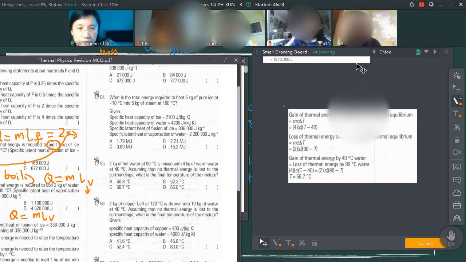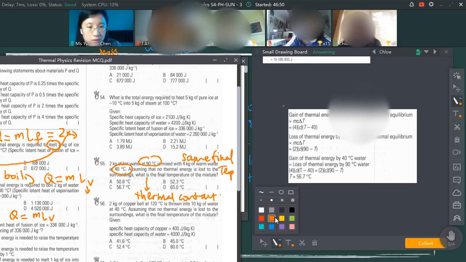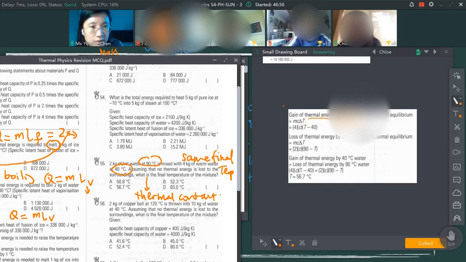Basically, for 55, the temperatures are 90 and 40 at first. Because they are put together, they are in thermal contact. So they have the same final temperature. Chloe, you look at the board. There's a gain in thermal energy by the 40 degrees Celsius water, because at first it's at a lower temperature, right? So it gains energy. The other one at a higher temperature will lose energy.